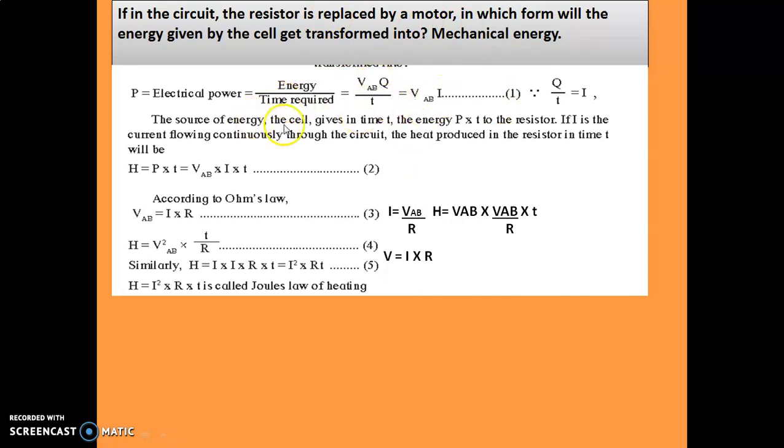The source of energy, the cell, gives in time t the energy P into T to the resistor.